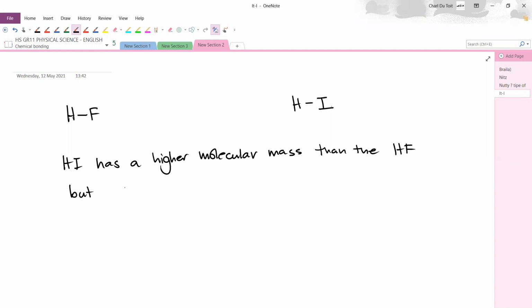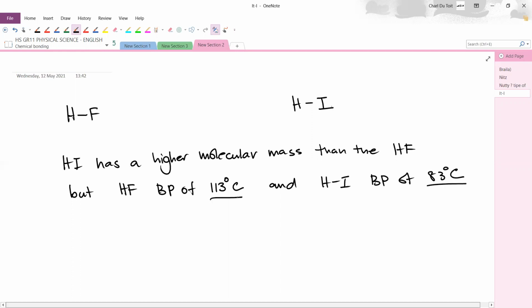But the hydrogen fluoride has a boiling point of, I think, something like 113 degrees Celsius, and the hydrogen iodide has a boiling point of 83 degrees Celsius.